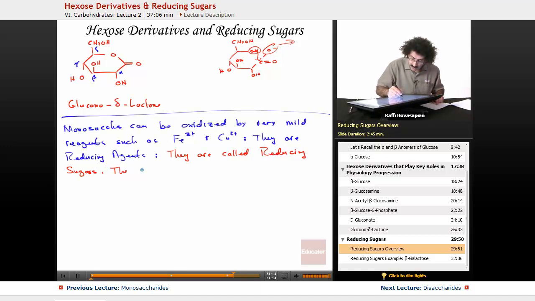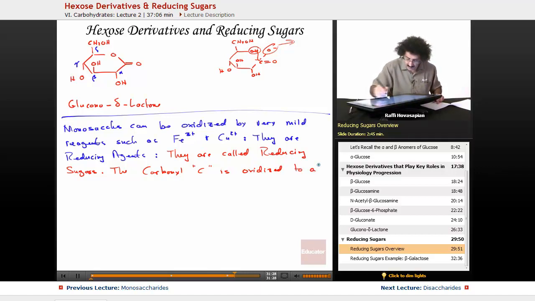Again, the carbonyl carbon is oxidized to a carboxyl group. The general reaction is as follows.